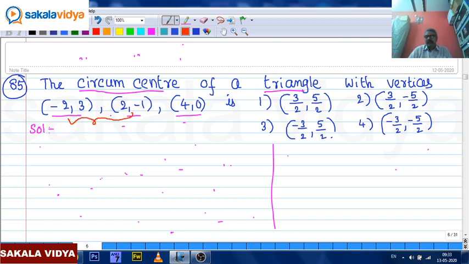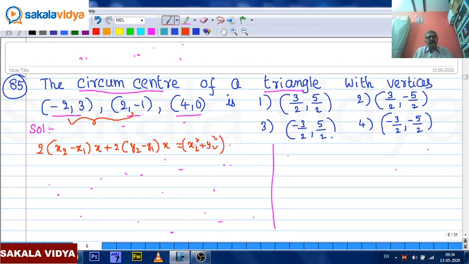The equation of the perpendicular bisector is given by 2 into (x2 minus x1) of x plus 2 into (y2 minus y1) of y equals x2 square plus y2 square minus (x1 square plus y1 square).